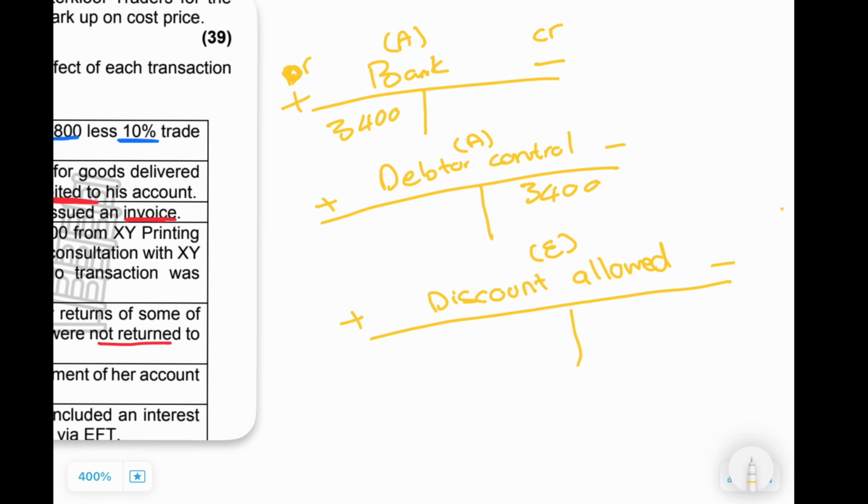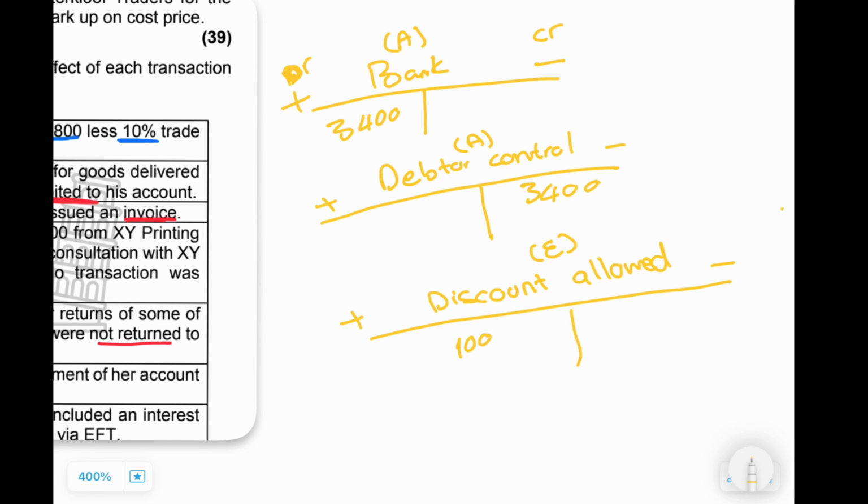So now if we allowed a discount of 100 rands, it means now our discount that we have given to the customers will increase by 100. Okay, so discount allowed will be debited and the contra account for that will still be debtor's control.